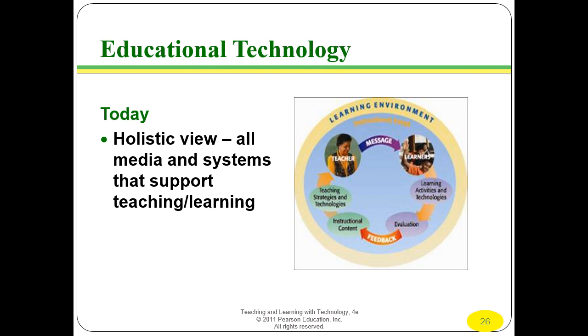But look at the graphic. It still gets down to a teacher and a learner and some information that's got to pass from one to the other. You still have the feedback loop. But then you look at the content and the strategies to implement that content.